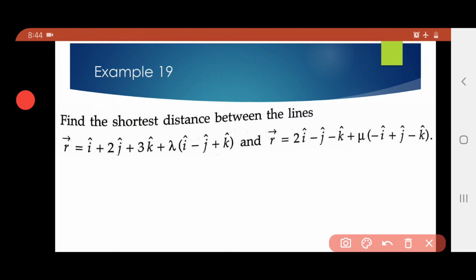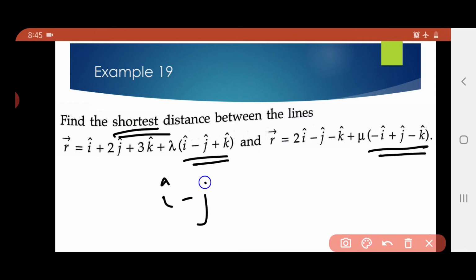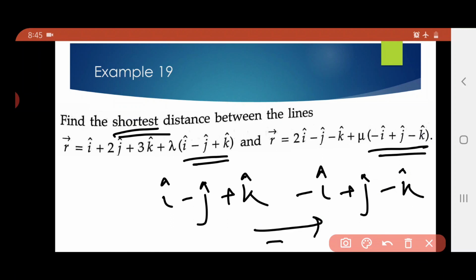Because they are making use of the words shortest distance, but if you look very closely, this one and this one are just scalar multiples of each other. See, i minus j plus k and minus i plus j minus k. So it's basically minus 1 times this one. If you just multiply this with -1, you get this.